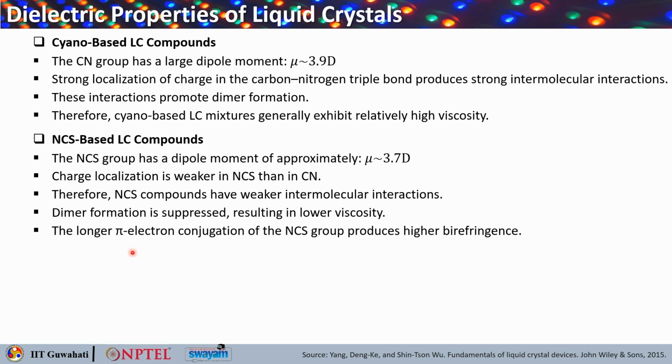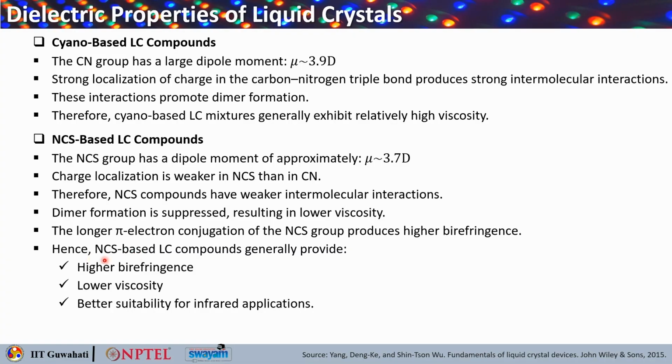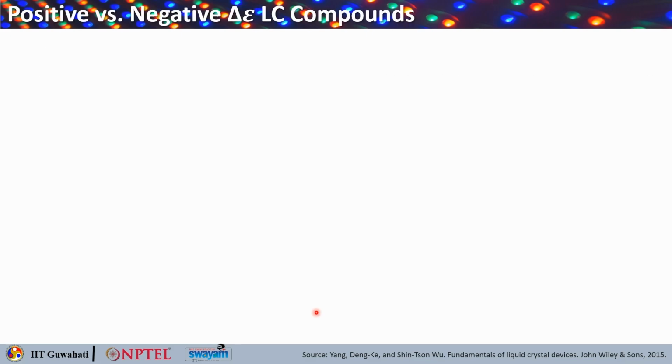Okay. However, the longer pi electron conjugation of the NCS group produces higher birefringence. So, what do you get from this NCS based liquid crystal compound? You get higher birefringence, lower viscosity and better suitability for infrared applications.